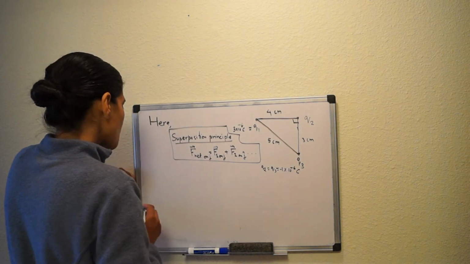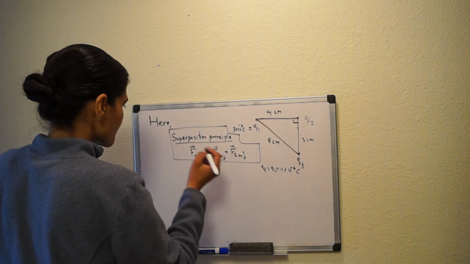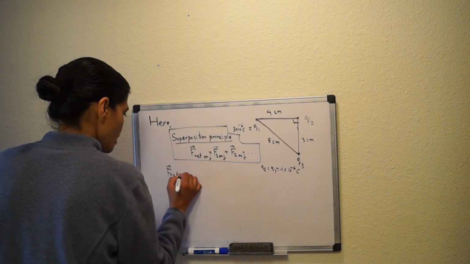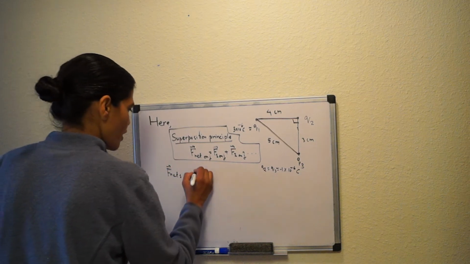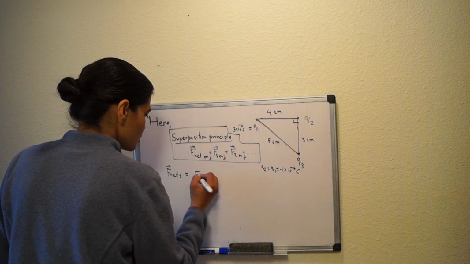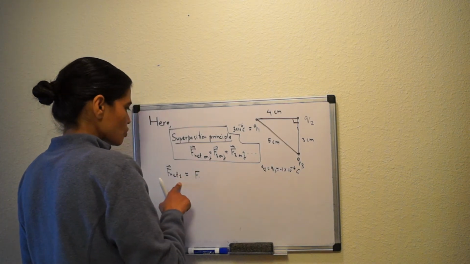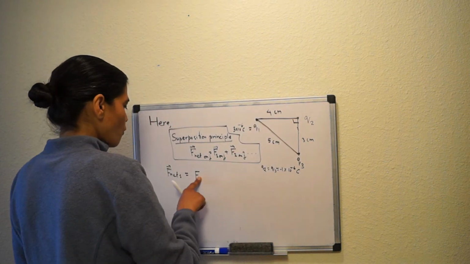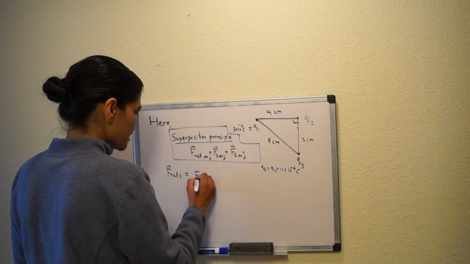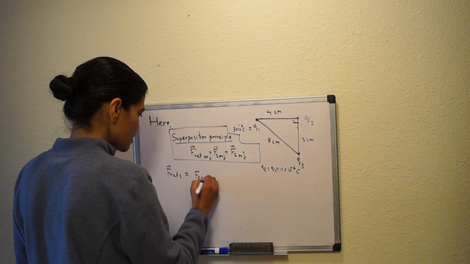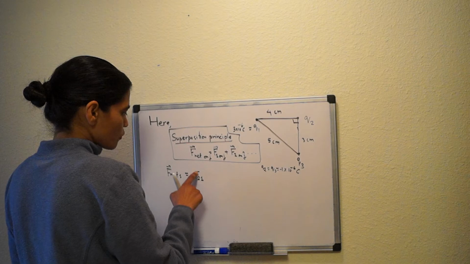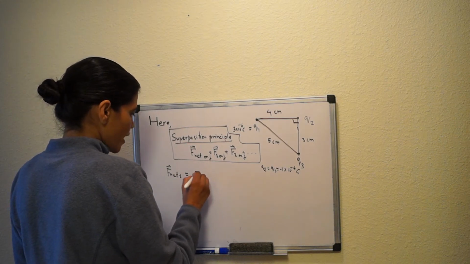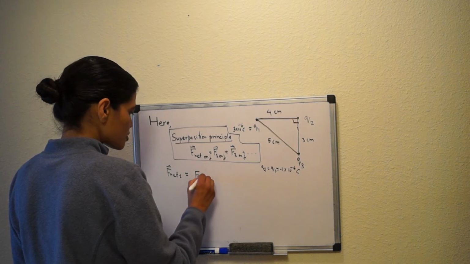Now, using the superposition principle, our F net on 1 is equal to the force on 1 due to 2. We write this as F21, which means force F due to charge 2 on charge 1.